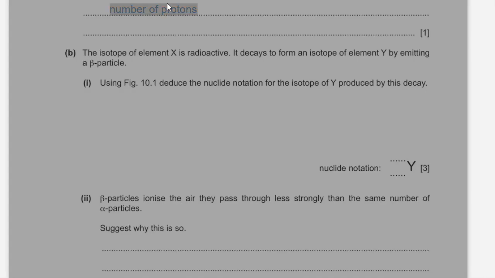So X had the nuclide notation as 5, which is the atomic number, and the mass number is 8 plus 5, which gives 13. And since this is going to be a beta radiation, the new isotope is supposed to have the same mass number, but the atomic number is going to increase by 1, which means 13 is the mass number and the atomic number is 6 over here.